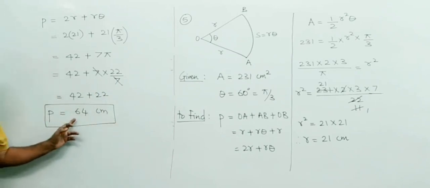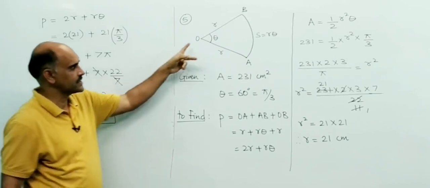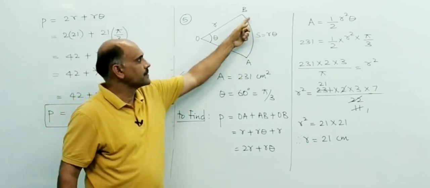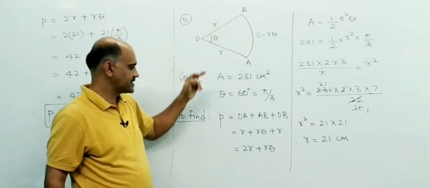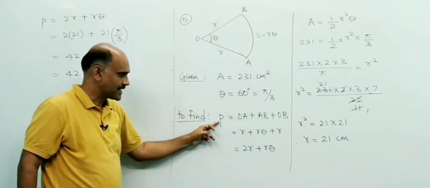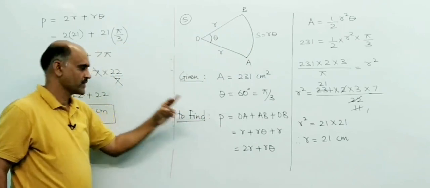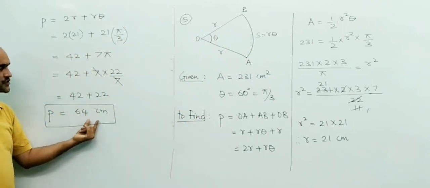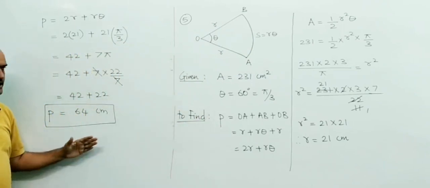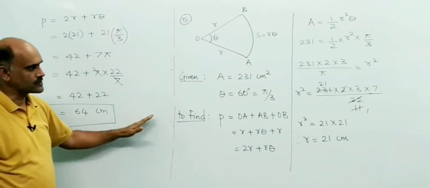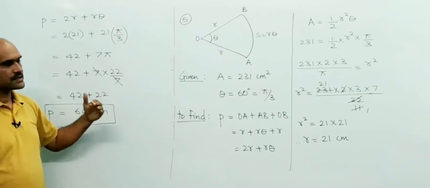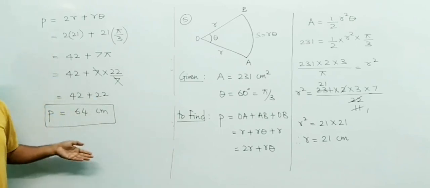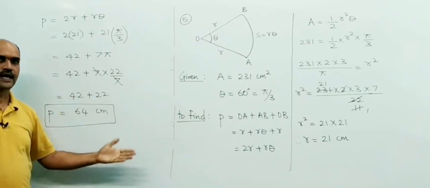That is OA plus AB plus OB. The sum of all these sides is called perimeter, and I have denoted it by P, and we are getting 64 centimeters. Clear, students? Again you can pause and note the solution. In the next session we will see trigonometric functions and problems.